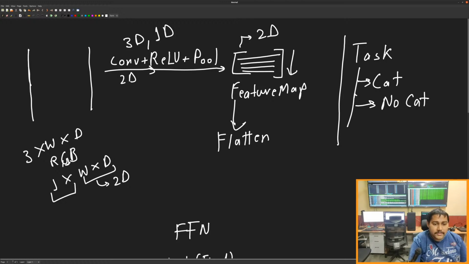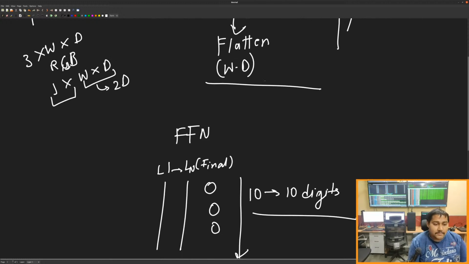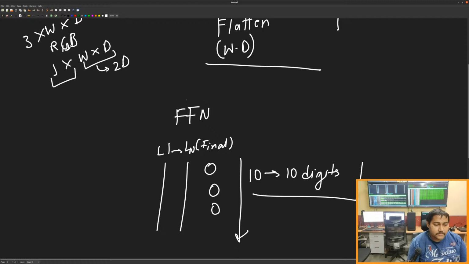For each of these rows you stack them horizontally like this, and the final output is obviously a one-dimensional array, and that's why we just call it flatten. There are multiple ways to do this, but for simplicity, let's just consider this. So if the dimension of this matrix is w by d, then finally you'll have just a 1D array of length w into d. It'll simply be a 1D array, and this can be represented again, like we did with the feed forward network, as a set of neurons.